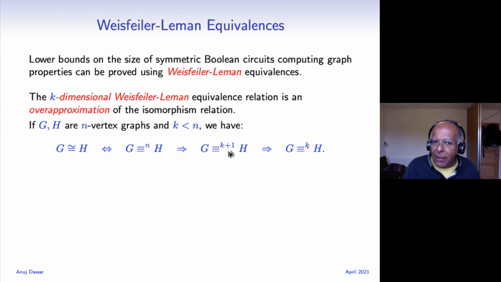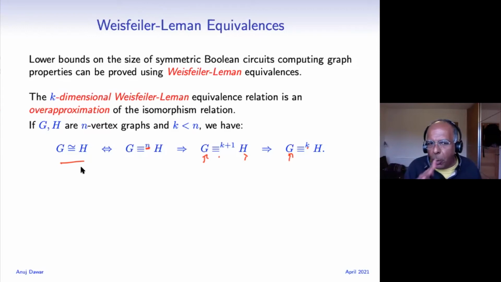As you increase the value of k, it's a finer equivalence relation. So two graphs which are equivalent at k plus 1 were also equivalent at k. So increasing the value of k refines the equivalence relation. If you go as far as the size of the graph, then it's the same as isomorphism, right? So in the limit it approaches isomorphism with increasing values of k.